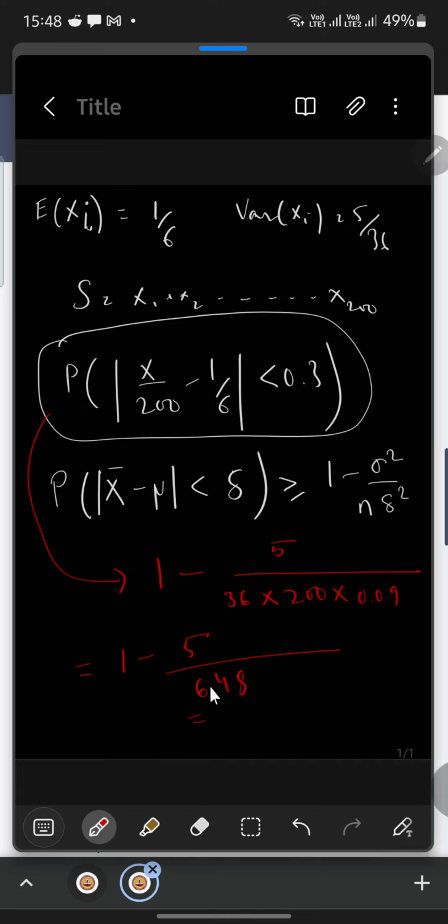The value will be 643 by 648. This is the bound we get, right? Let me rewrite the whole part.